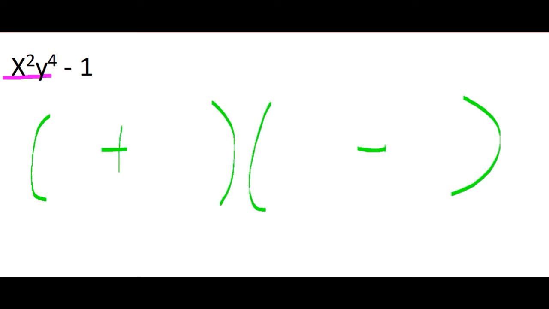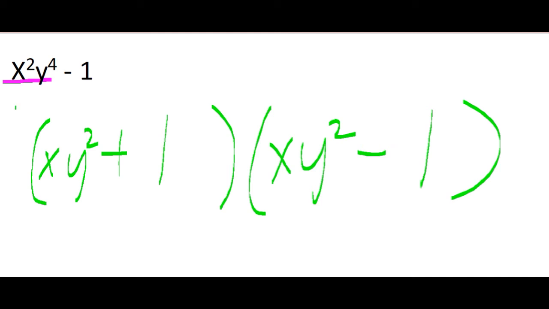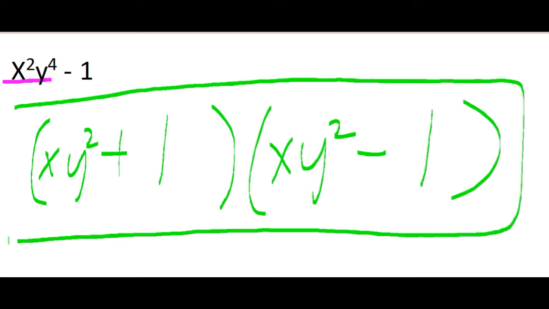Then, the square root of x squared is x, kasi x times x, x squared. Then, the square root of y raised to 4 ay y squared. Bakit naging y squared? Kasi y squared times y squared ay y raised to 4. And then, the square root of 1 is 1. So, this is the final answer.